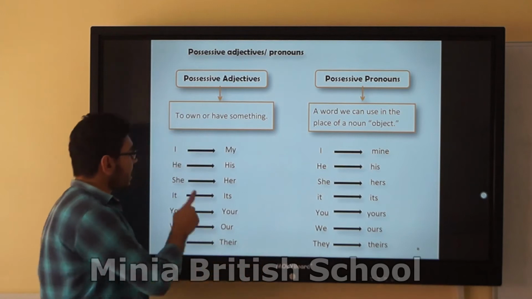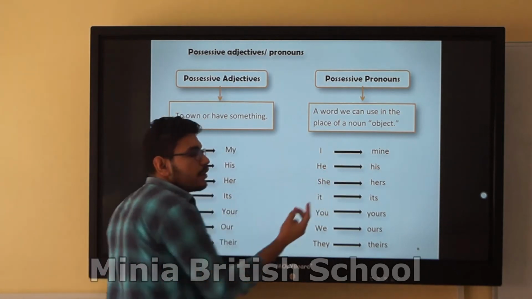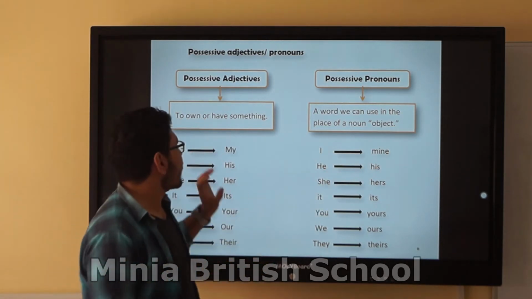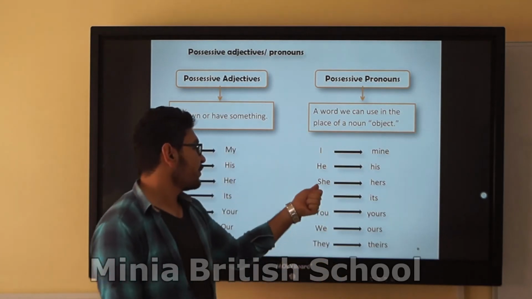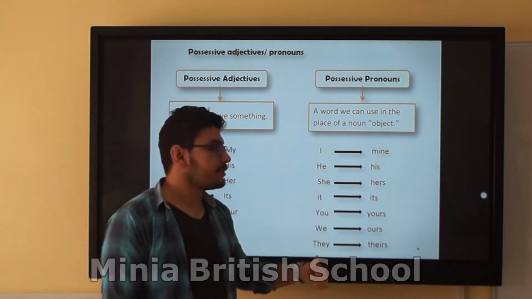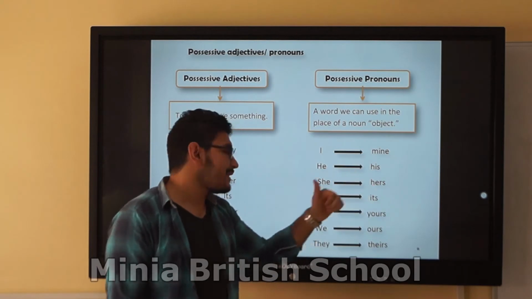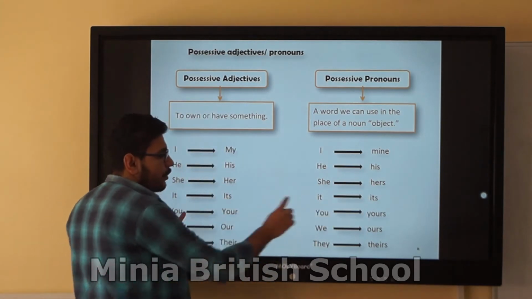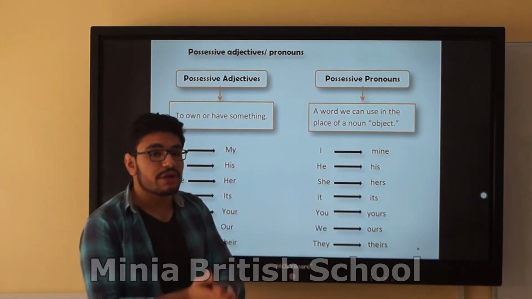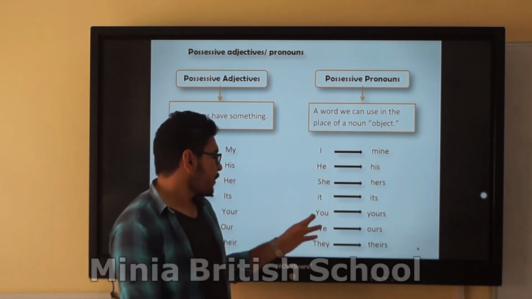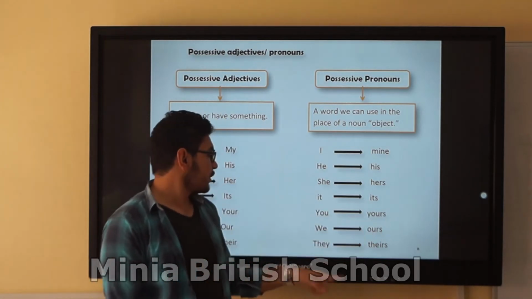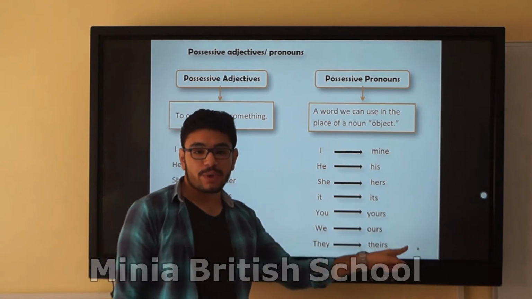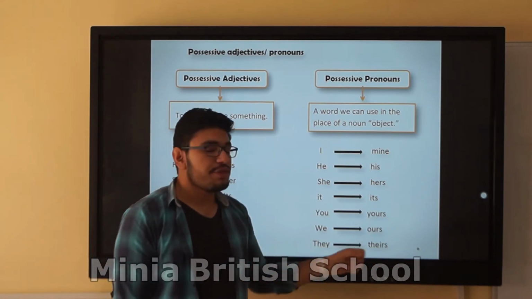If you notice, he, his are equal in the possessive adjective and possessive pronouns. She, hers. It, its, they are the same possessive adjective and possessive pronouns. You, yours. We, ours. They, theirs.